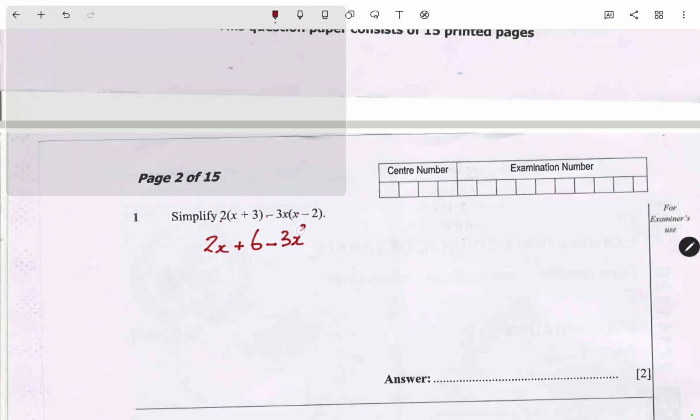X times x, to be x squared. Negative times negative, it will be plus 6 there. Remember, we're simplifying, so this will be 2x plus 6. Remember, this is also plus 6 minus 3x squared.